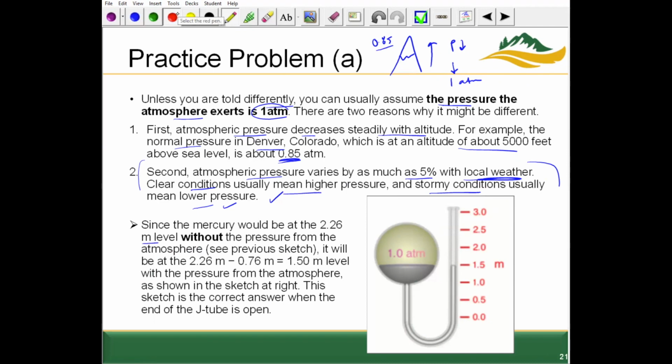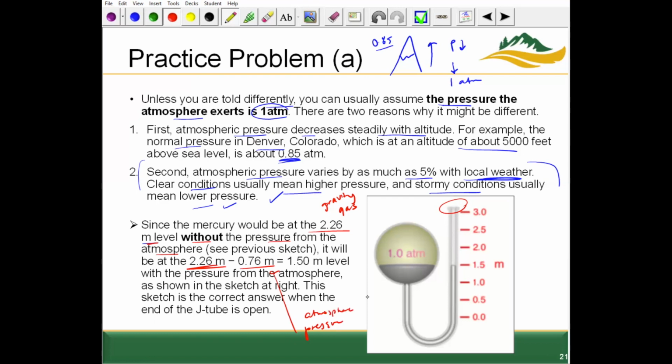Now to finish solving our problem and make this connection for an open tube manometer again, the pressure would be at the 2.26 meter level without the pressure from the atmosphere, just from gravity and the gas. It will now be at 2.26 meters minus the impact of our atmospheric pressure.